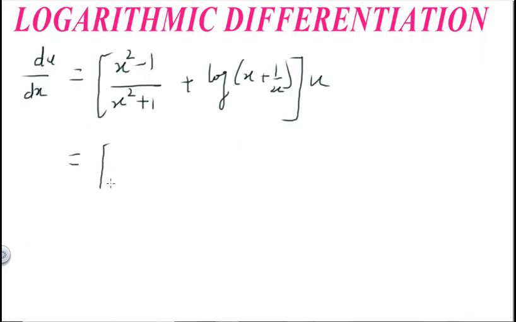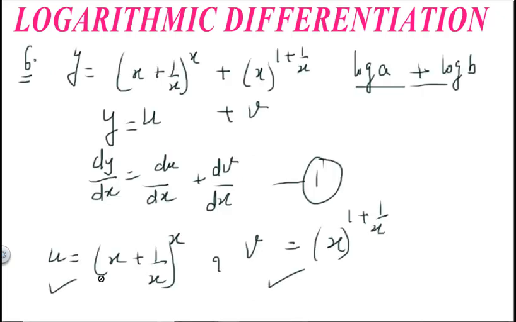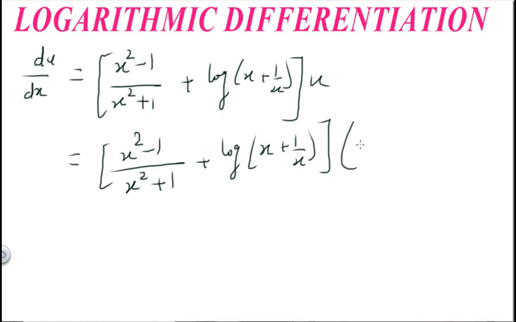So instead of u, we have to replace u by its value. What was u initially? (x + 1/x) to the power x. So I'll write that (x + 1/x)^x. Let this be your equation number 2.